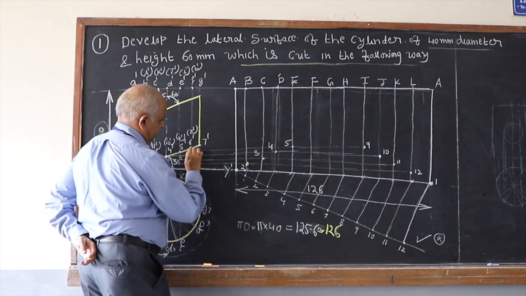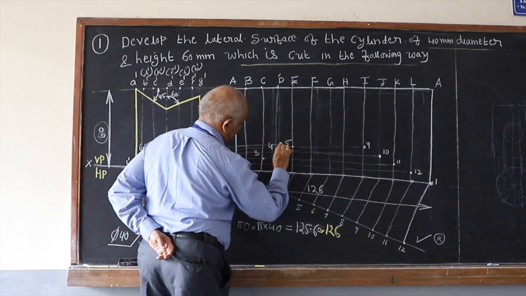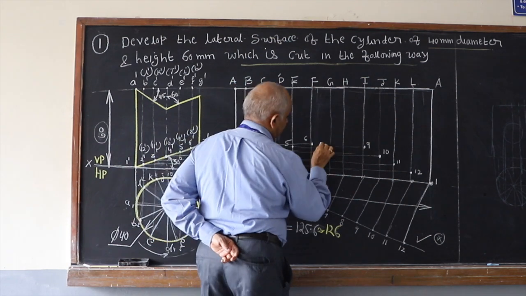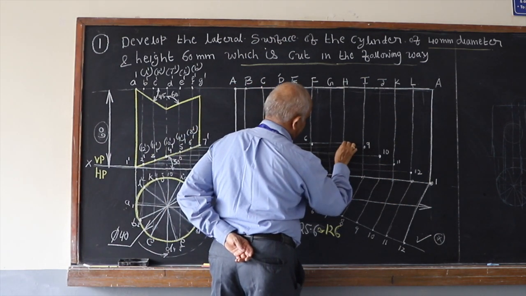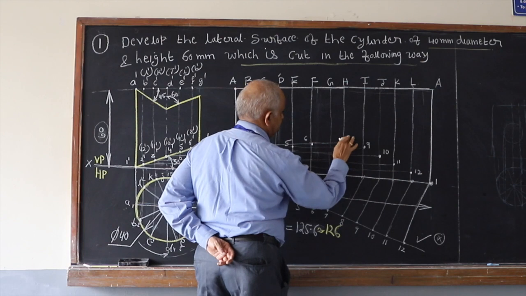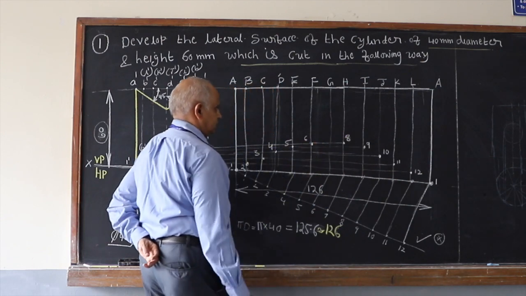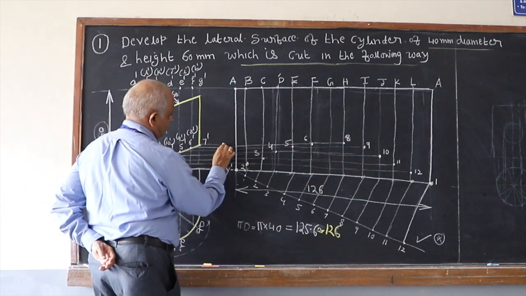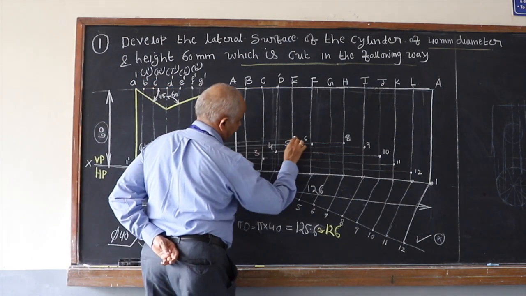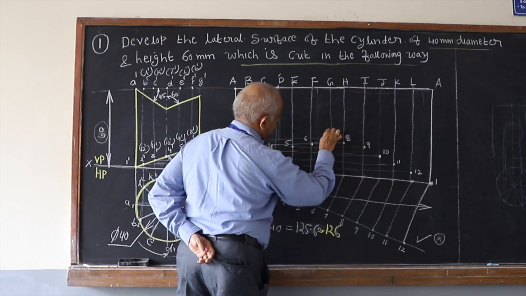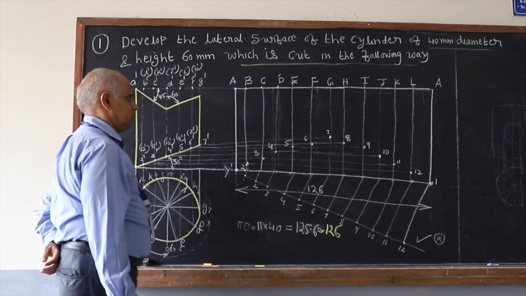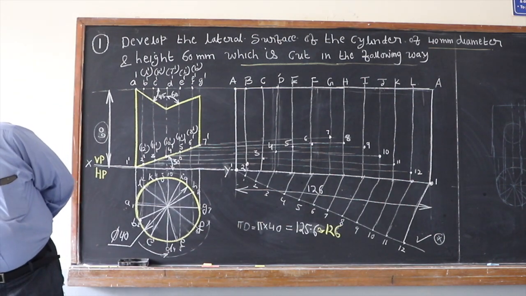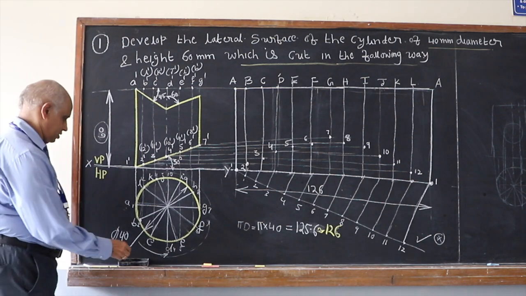So project it here onto F and this one is H. So this is 7, this is 8 and 6, and now 7 is on generator G. So if you project it here, you will get this generator 7. Remember, that way you are able to locate all the section points of the bottom section plane.